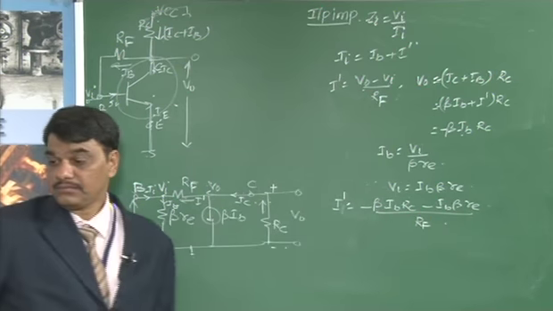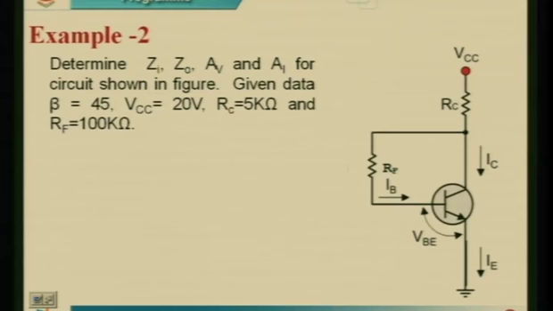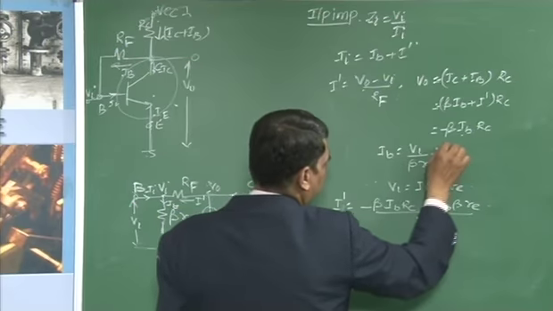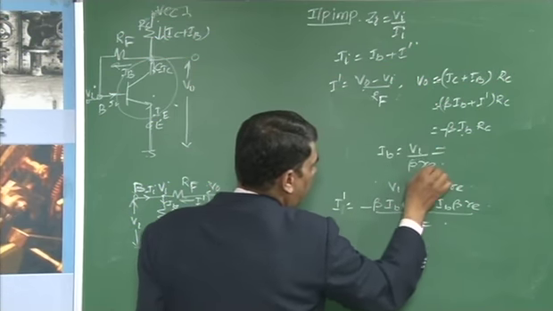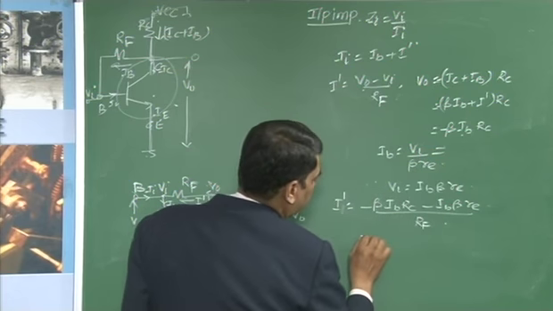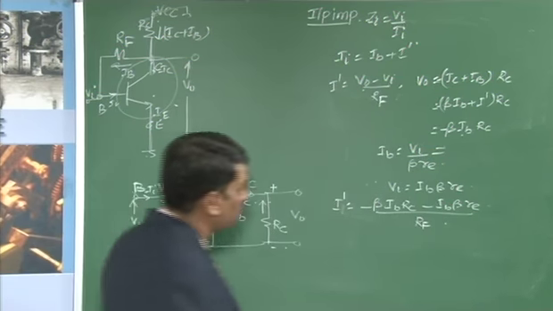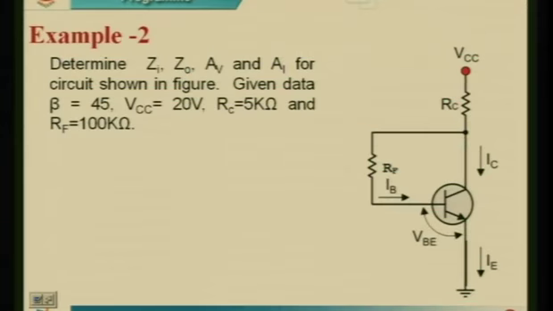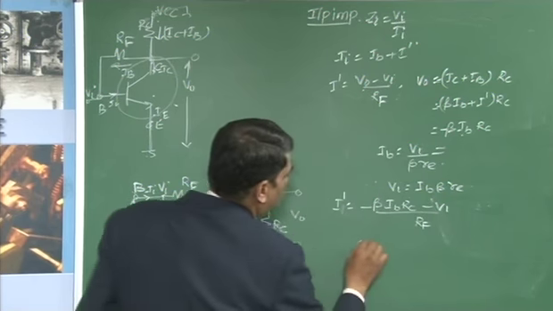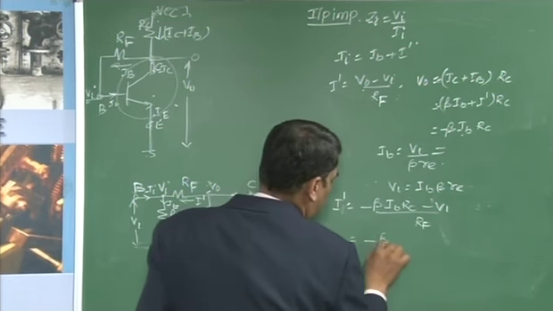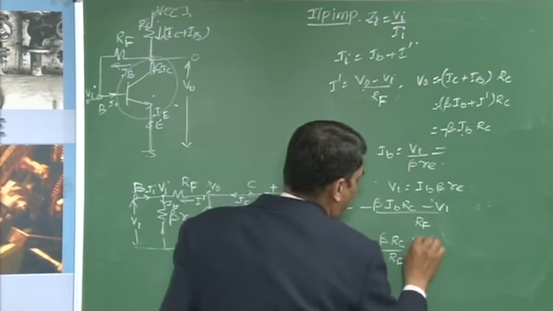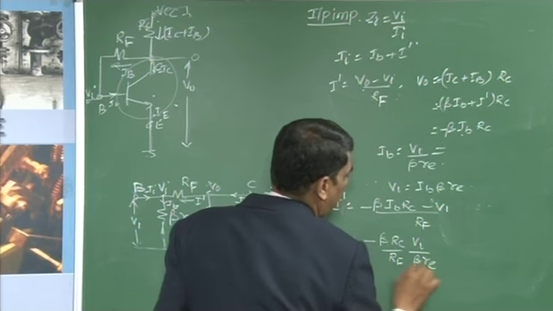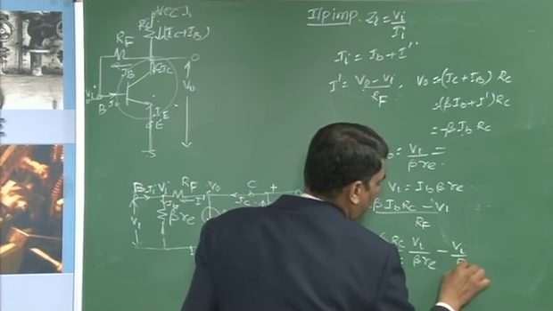divided by RF. For this calculation, we need to find the value of IB from this circuit, where IB is Vi by beta times RE. If you substitute it into this equation, I dash is equal to minus beta RC by RF into Vi by beta times RE, minus Vi by RF.